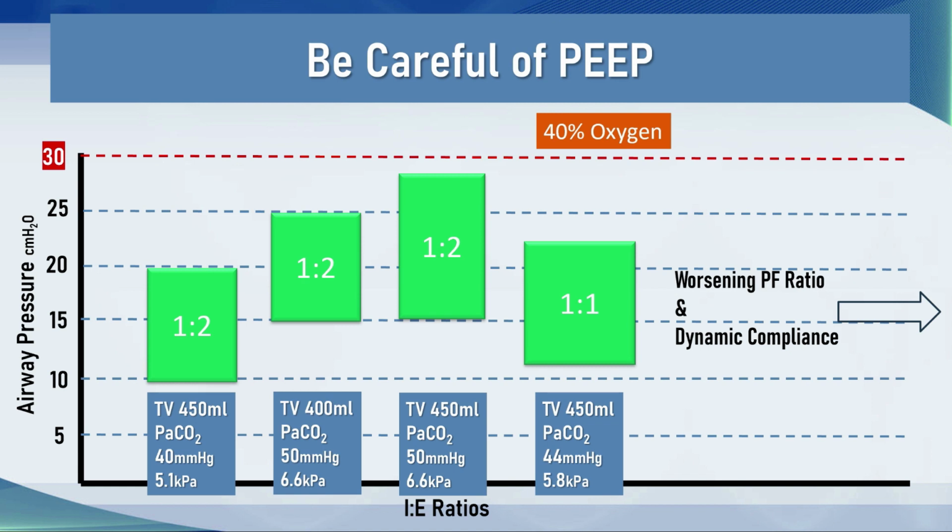So the patient is oxygenating better at this lower PEEP level and ventilating better at this lower PEEP level with the longer inspiratory time. So I do think it's something you need to consider. You need to be very careful of I/E ratios and high levels of PEEP in pressure control. And it's my view that you're better off using modest levels of PEEP and longer inspiratory times if you really want to get better oxygenation and preserve ventilation.